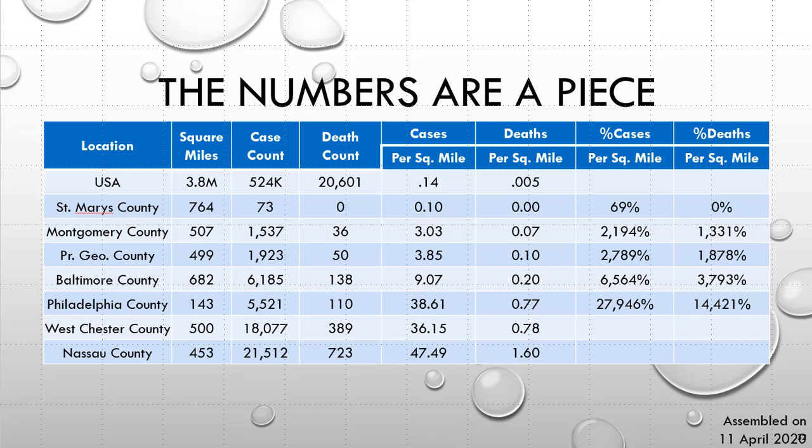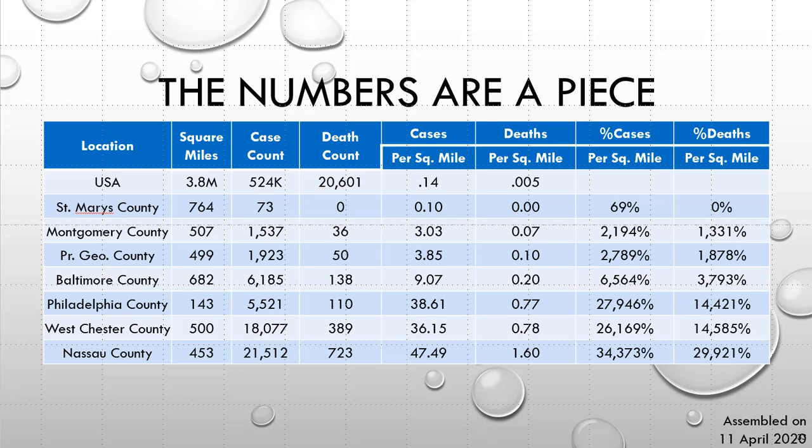And when you look at the percentages, you can see just as bad as Philadelphia at 26,000% increase in cases and 14,000% increase in death rate on a per capita basis. And Nassau County, even worse than that, at 34,000 and 29,000.